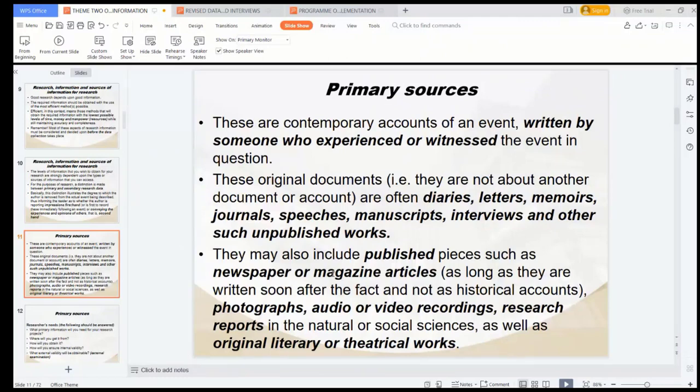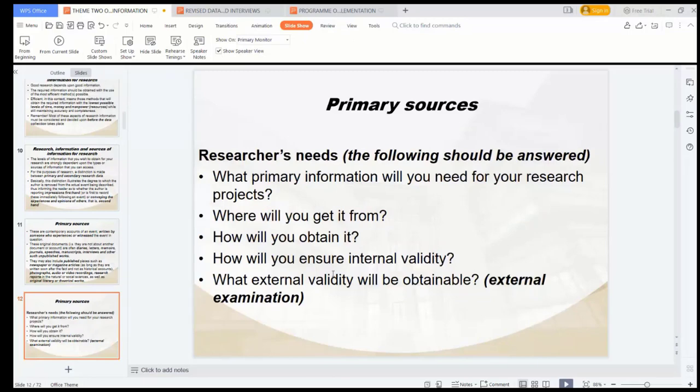So this is what constitutes primary sources of information. The following should be answered in terms of primary sources. What primary information will you need for the research project? This is what a researcher must ask himself or herself. And where will you get it from?